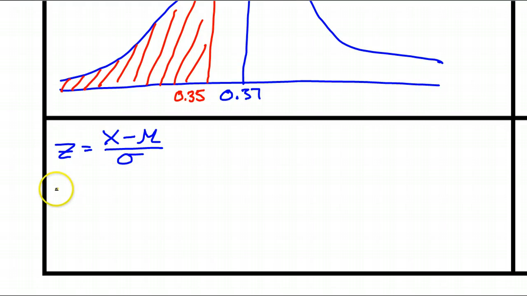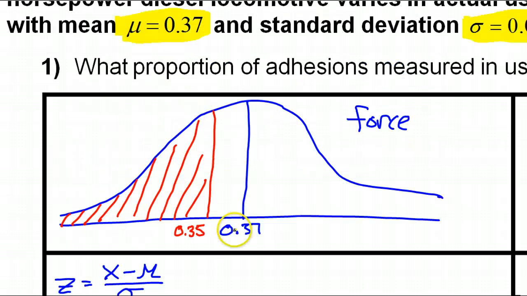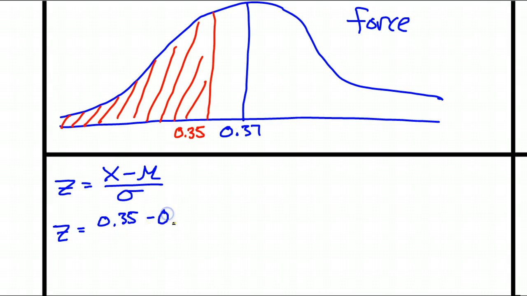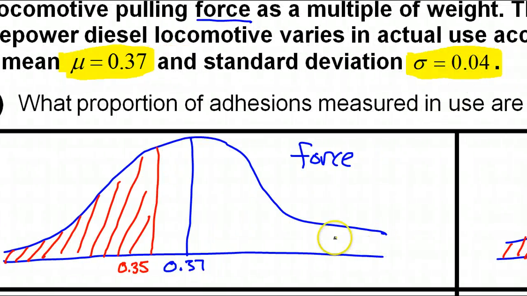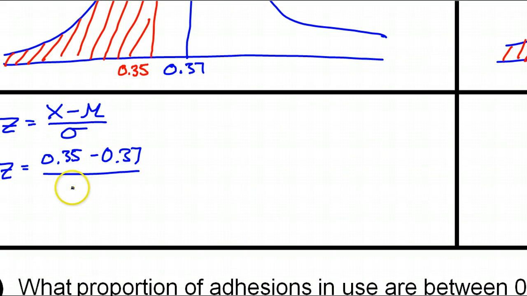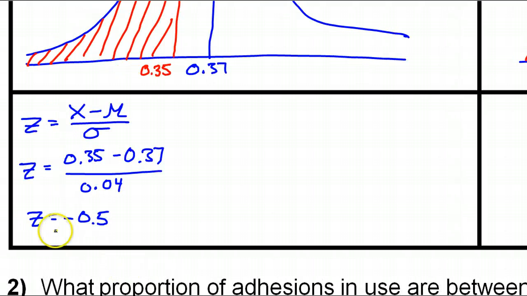So the z-score will equal 0.35 minus the mean of 0.37 divided by the standard deviation, which was 0.04. Put that in your calculator. That gives me negative 0.5. Great, so that is my z-score.